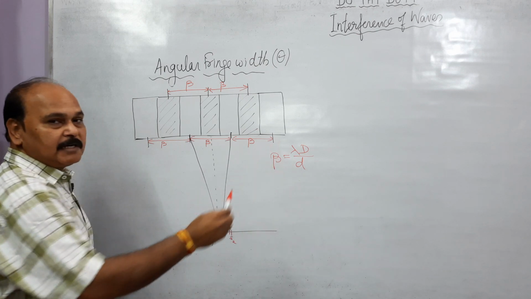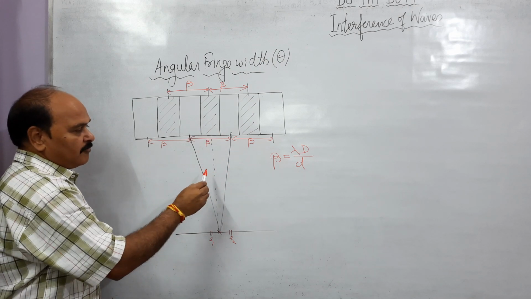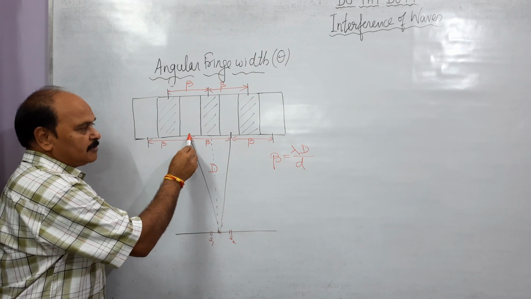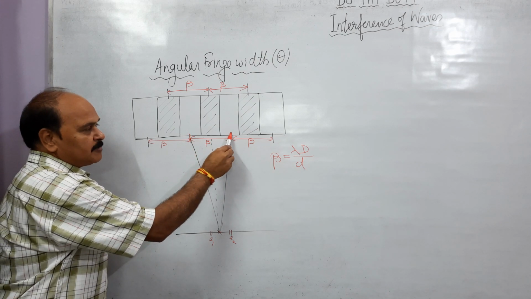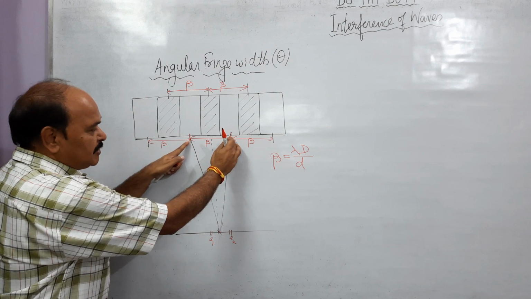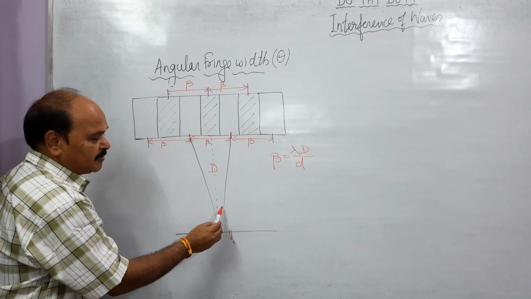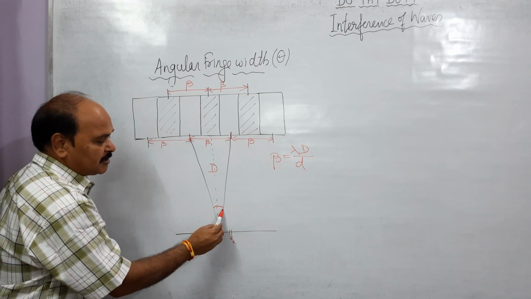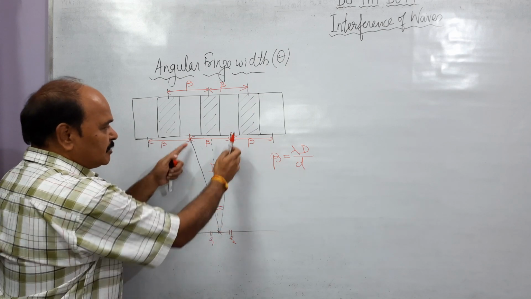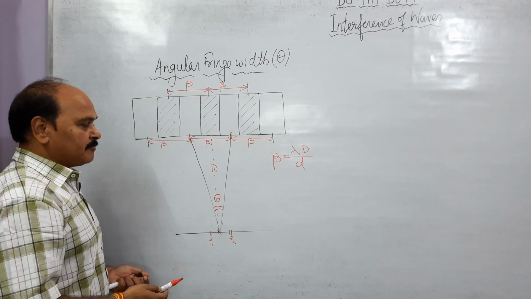This is the plane of the slit, and the distance of the plane of the slit from the screen is capital D. These are two consecutive maximas, and the angular separation between these two points is this angle. This is the angle over which one band, one fringe, is formed, which is the angular fringe width.